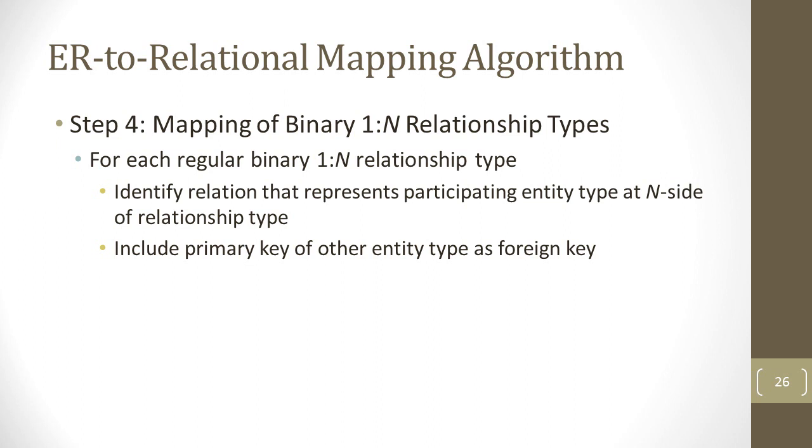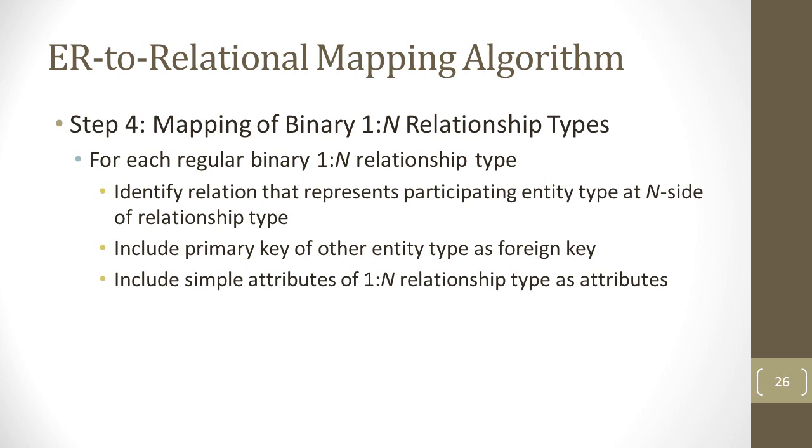Now, this step is exactly the same as step 3, only with the constraint that you can't just put the primary key and the foreign key on either relation. In this case, it has to be on the N side of the relationship type. So kind of the same thing. If there was attributes of the relationship, you're going to add those to the relation containing the primary key.